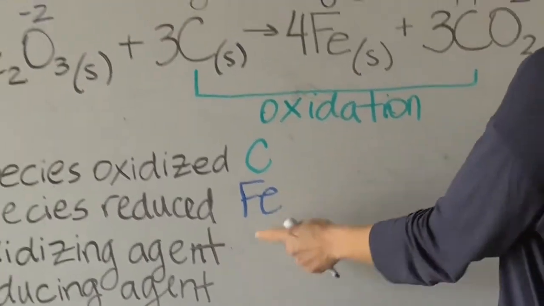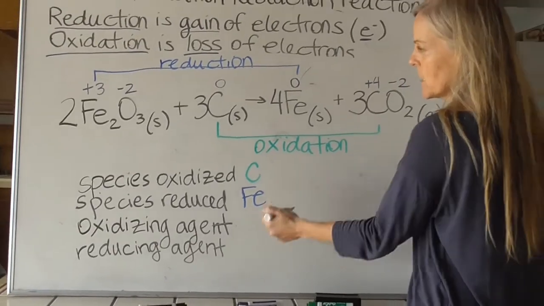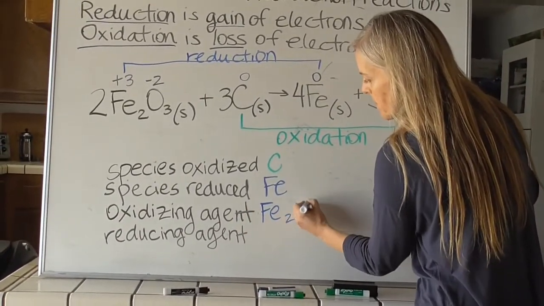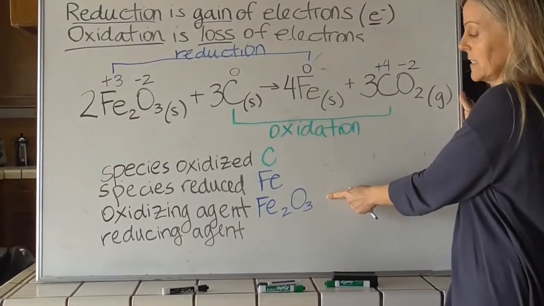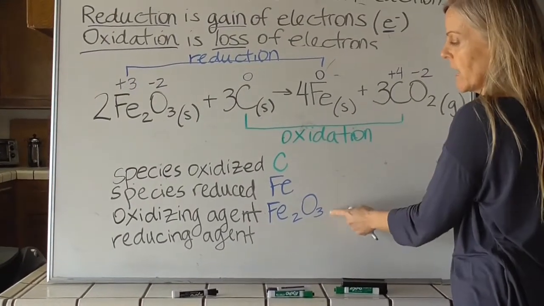So the oxidizing agent, just think it's kind of tied to the species reduced, but it has to be the entire reactant that it's in. So these are atoms. These are going to be the reactants that they're in.